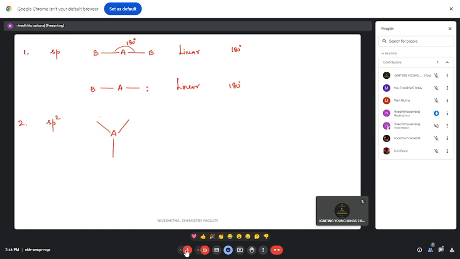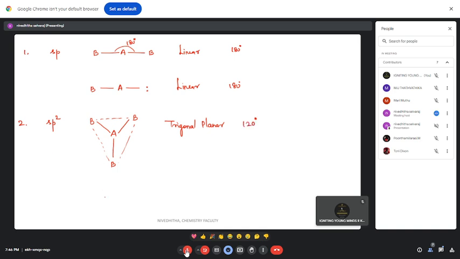If all the 3 chemical bonds are filled by atoms, then I'm going to connect all these B atoms. So the shape seems to be trigonal planar, and the bond angle is 120 degrees.